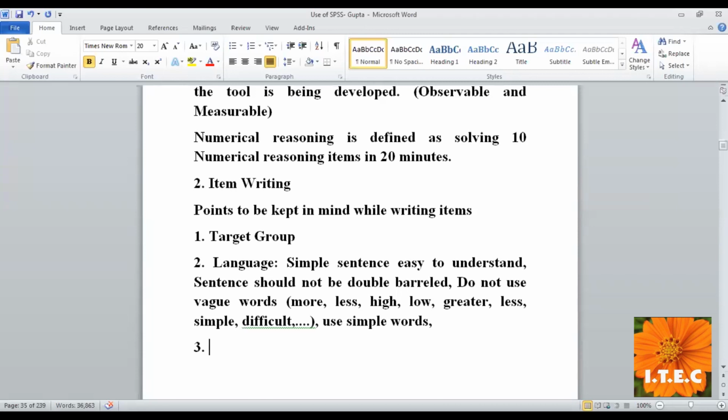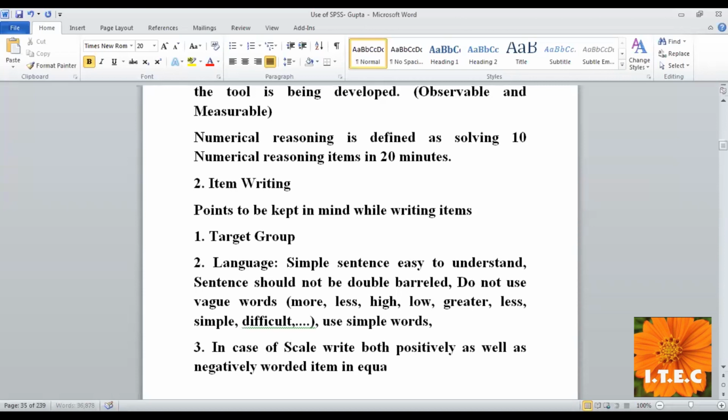Then another is that in case of scale, write both positively as well as negatively worded items in equal number.